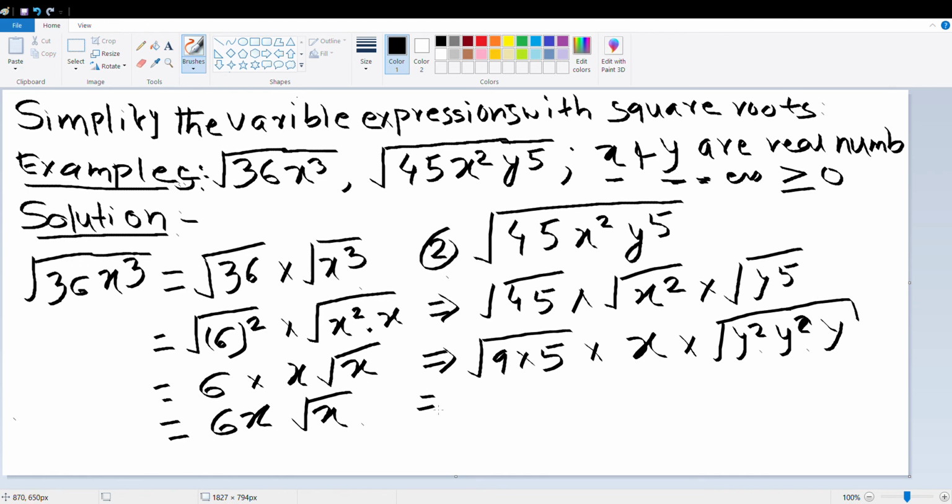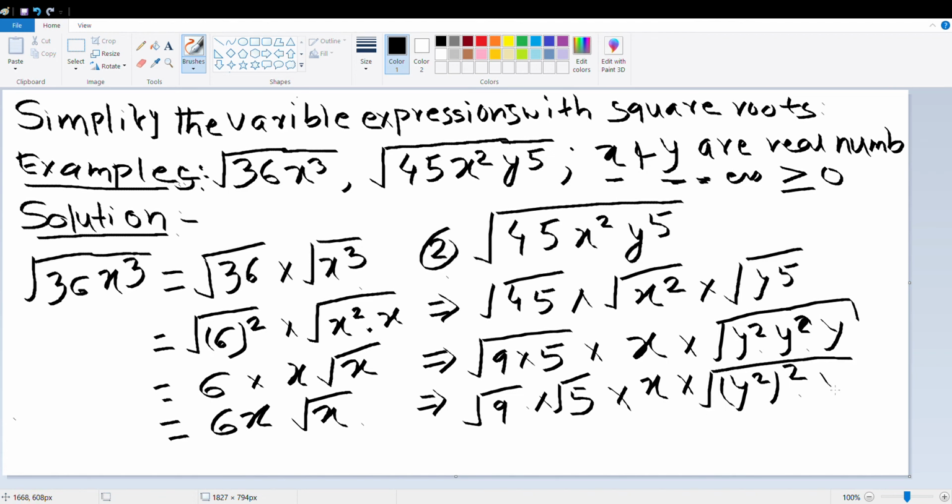Now we take out the 9 times square root of 5 and write the different radicals separately, so we have x, then the x squared, and y squared squared times y.